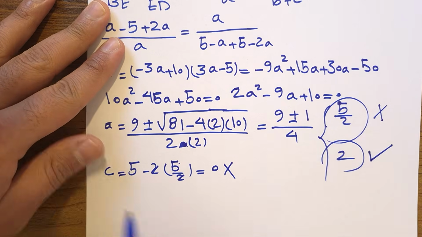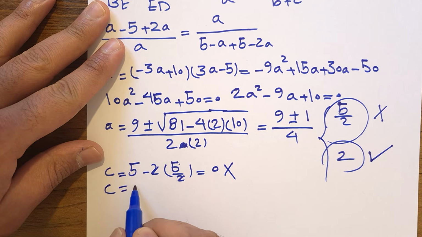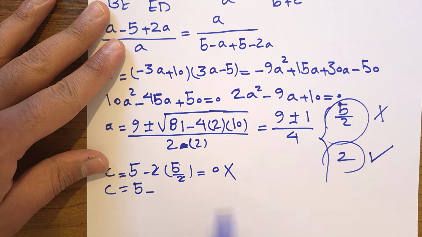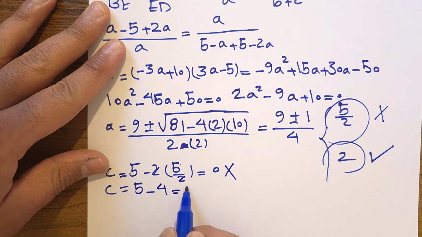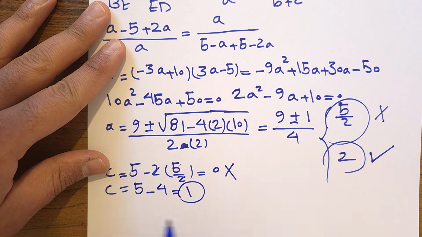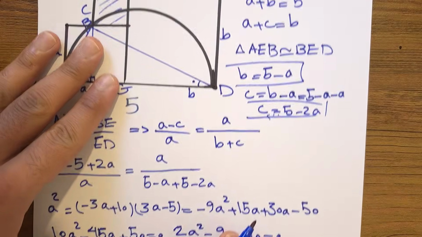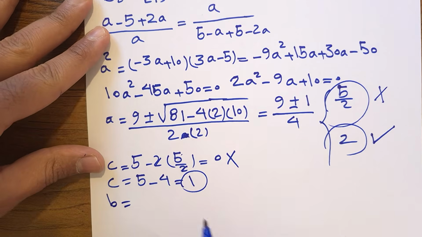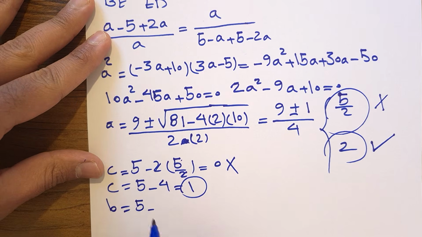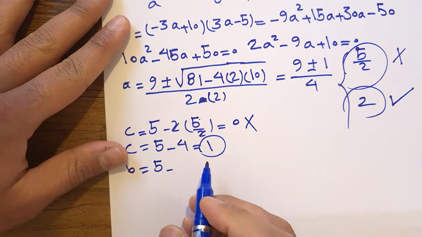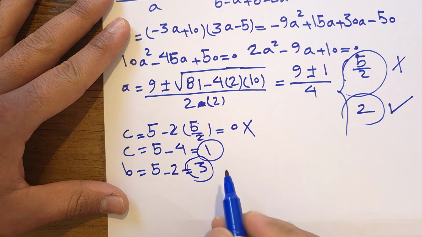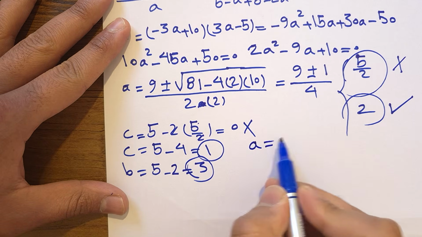So A equals 2, C equals 5 minus 2A, or 2 times 2, which is 4, or C equals 1, okay? And then B equals 5 minus A, which is 5 minus 2, and it is 3. So B is 3, C is 1, and A is 2.